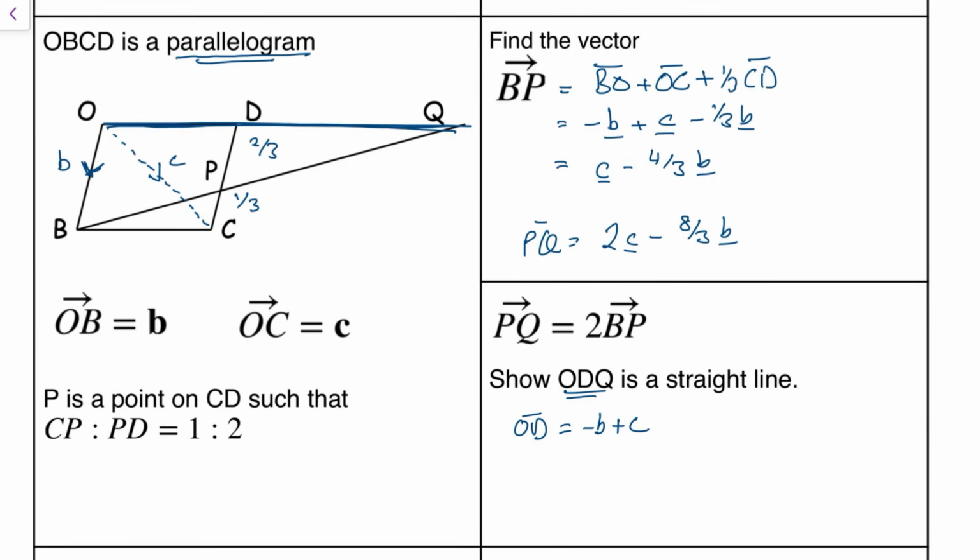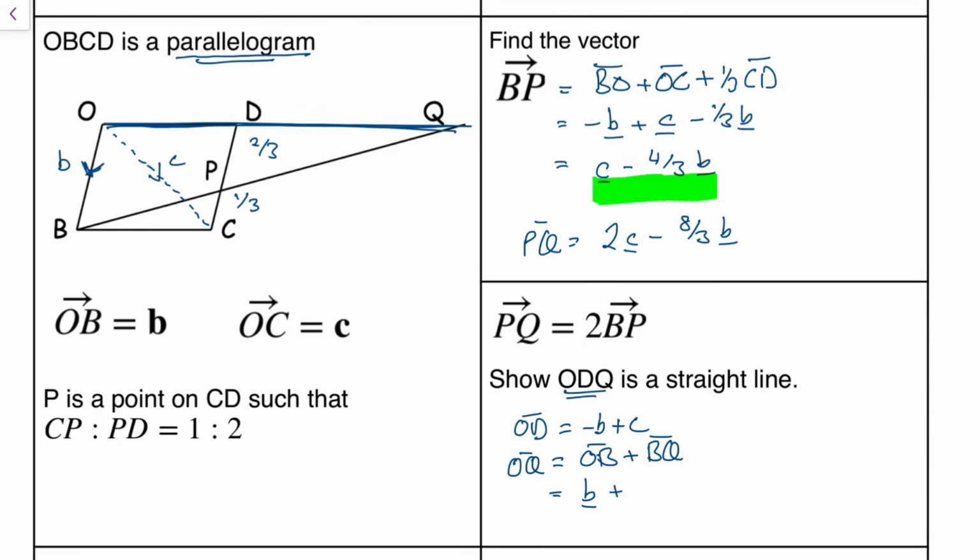Then I also need to work out what either O to Q is or D to Q is. And I think I'm going to do O to Q. So I'm going to say that O to Q is the same as O to B. And then I can just do B to Q, which I've pretty much just worked out because it's going to be B to P plus P to Q. Or in other words, 3 lots of B to P. So therefore O to B is going to be B in the question, plus 3 lots of, to be clear what I'm doing, so I'm doing 3 lots of this, because it tells me that P to Q is twice as large.